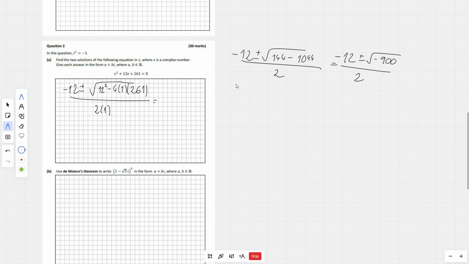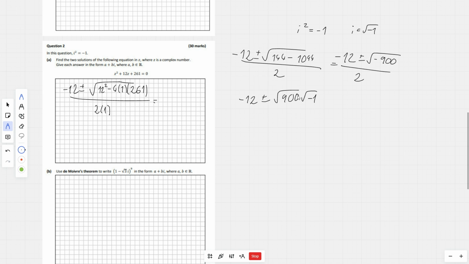So we are told that i squared is equal to minus 1, and i is going to be the square root of minus 1. So what I'm going to do is, this is the same as minus 12 plus minus the square root of 900 by the square root of minus 1.